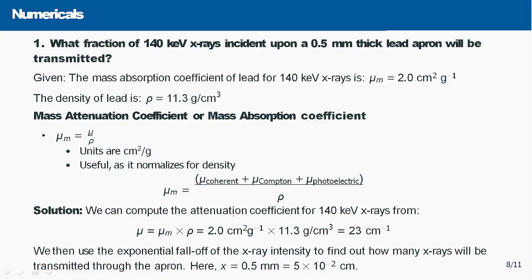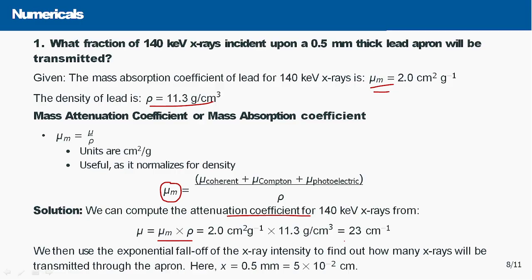So we can compute the attenuation coefficient by just multiplying these two values, because mu m, the mass attenuation coefficient or mass absorption coefficient, is given, and rho is also given for lead.